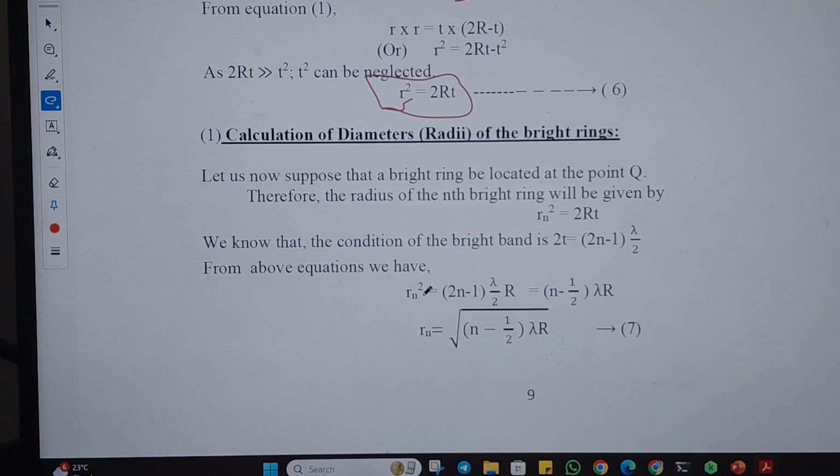Rn square equal to (2n minus 1) lambda by 2 into R. We can cancel the 2 here, giving (n minus 1 by 2) into lambda R, and taking the square root, rn is root of (n minus 1 by 2) lambda R. So this is the calculation for the bright rings.